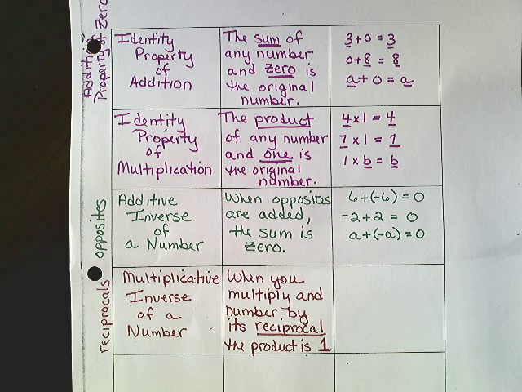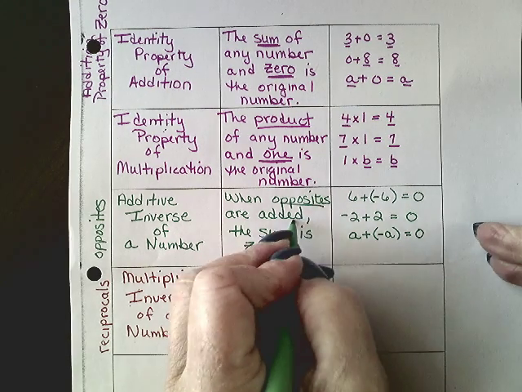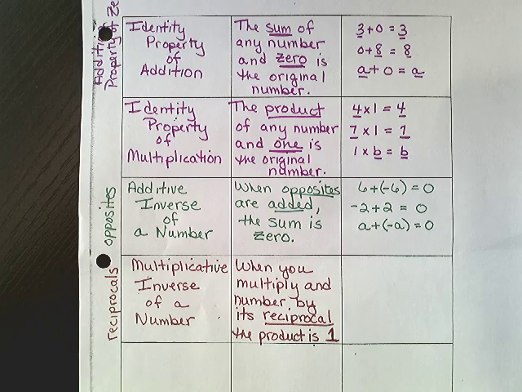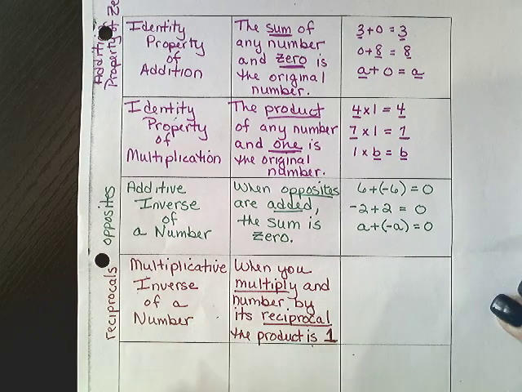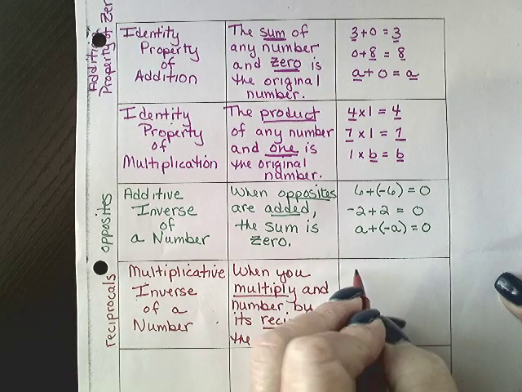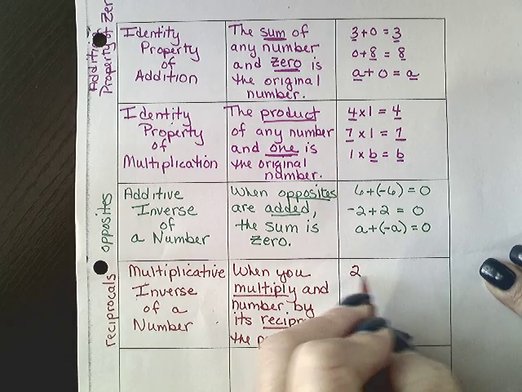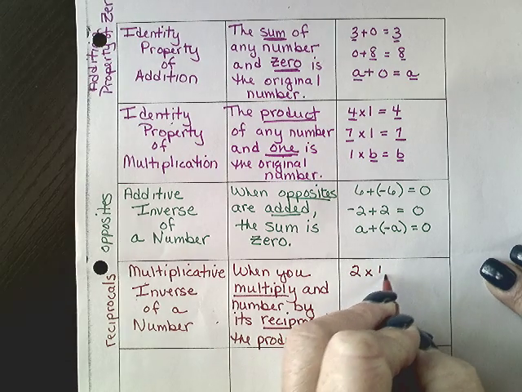And the last one is the multiplicative inverse of a number. Multiplicative means multiply. That is when we are going to multiply by its reciprocal. So if I have 2 times 1 over 2.